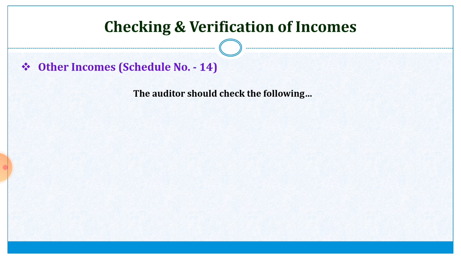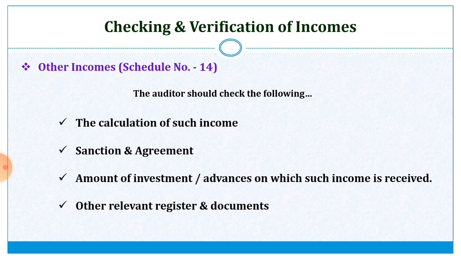The auditor should check the following: first, the calculation of such income; sanction and agreement of such types of incomes; next, the amount of investment and advances on which such income is received, and other relevant registers and documents.